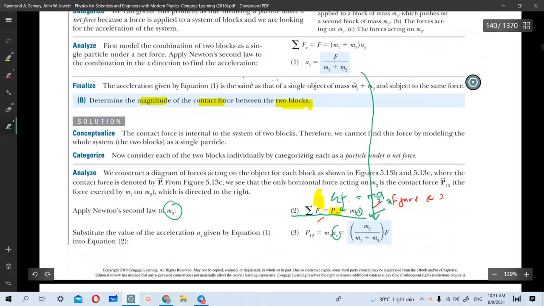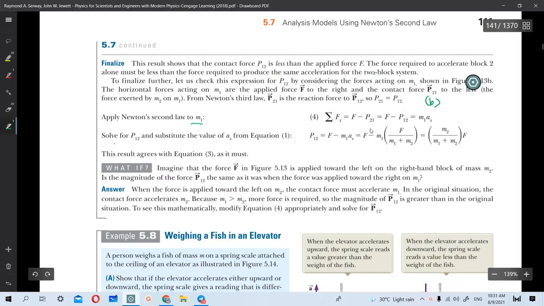So how do we substitute into Newton's second law? F is to the right and P21 is to the left. So that's why it's a negative product. And when we simplify, it's equivalent to M1 a x. Now notice, because we are looking at mass 1.